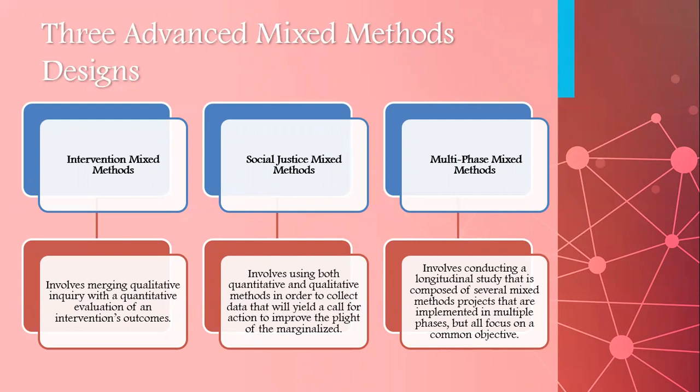So in other words, the purpose within a social justice mixed methods approach is not simply to generate findings from quantitative and qualitative methods. The purpose in the end is to come out of all of that with some kind of call to action that helps to improve the plight of the oppressed or the marginalized.